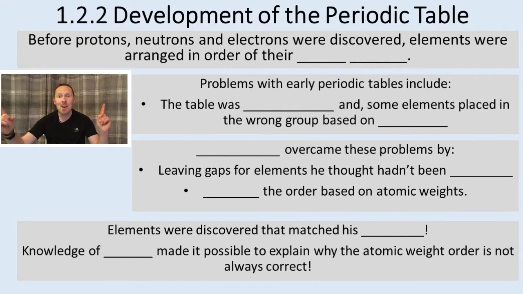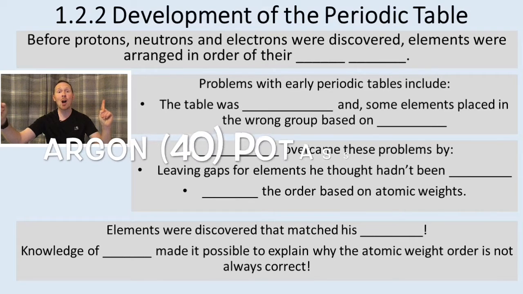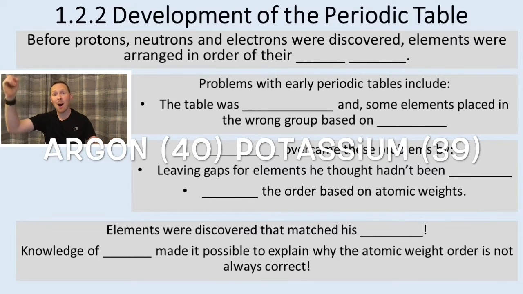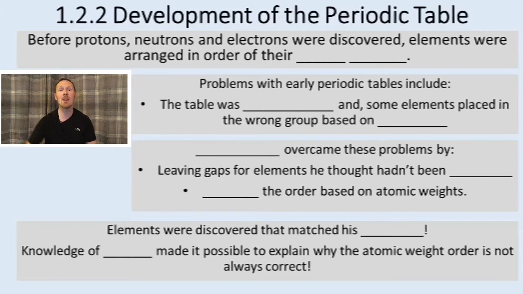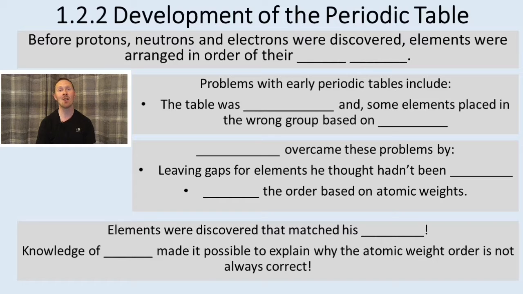The other ones in the wrong order are argon and potassium. Now argon is a noble gas, it's unreactive, and potassium couldn't be any more different from argon. It's a very, very, very reactive metal. So what he did is he put potassium in the same group as lithium and sodium, and he put argon in the same group as helium and neon.